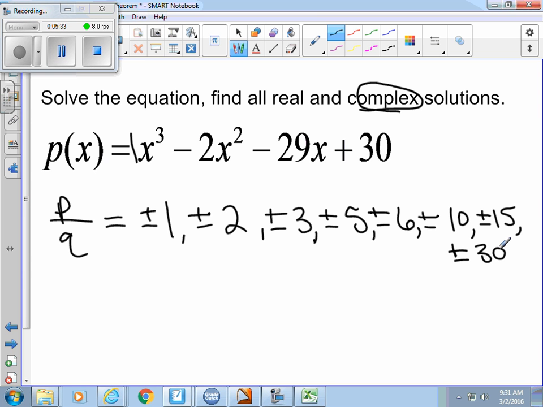So step 1, type the function in y1. Go to your table.